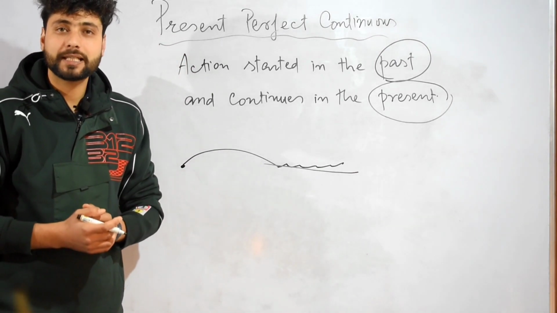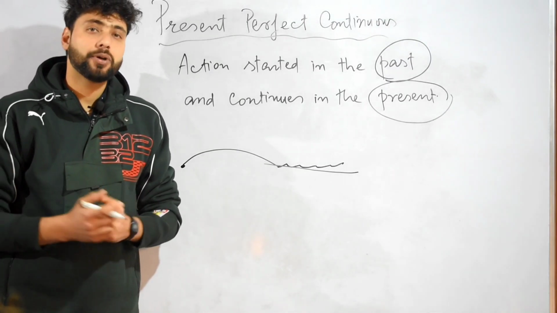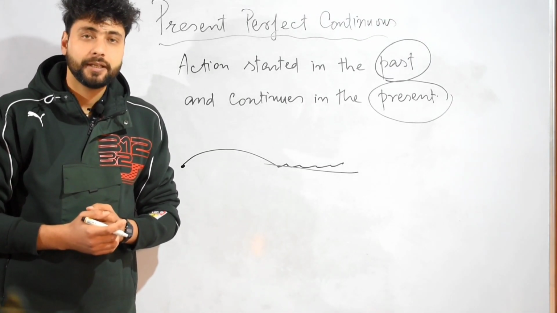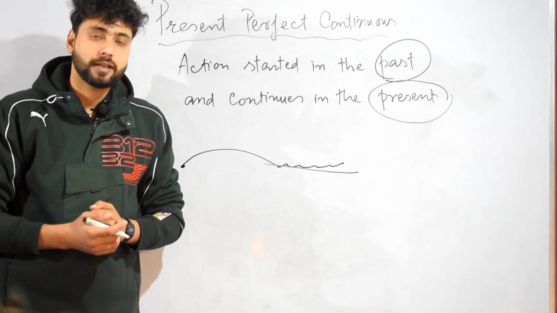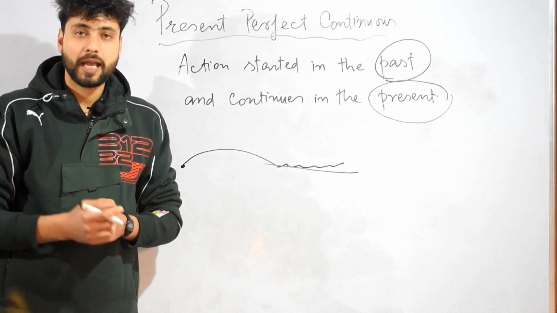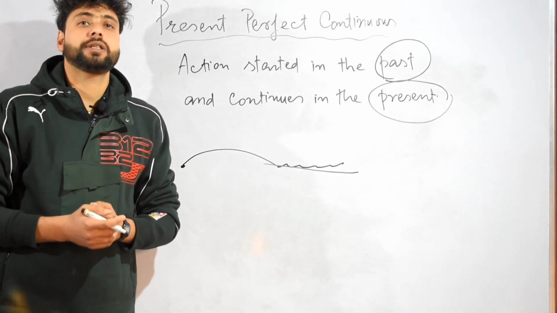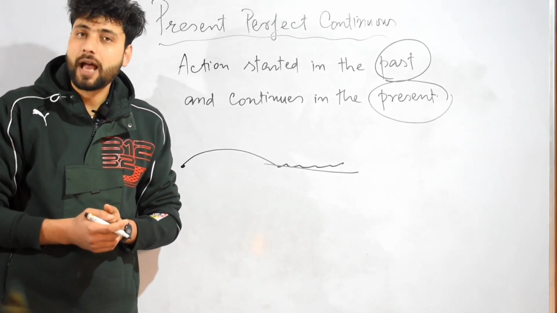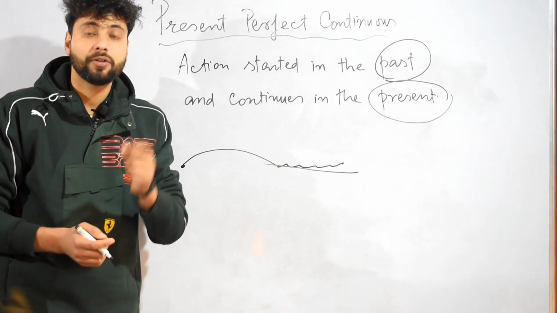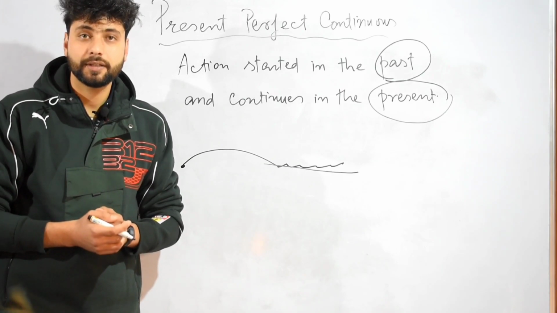Let me provide you an example. Let's suppose you wait for somebody for 2 hours, and when the person comes to you, you tell him, where have you been? I have been waiting for you for 2 hours.